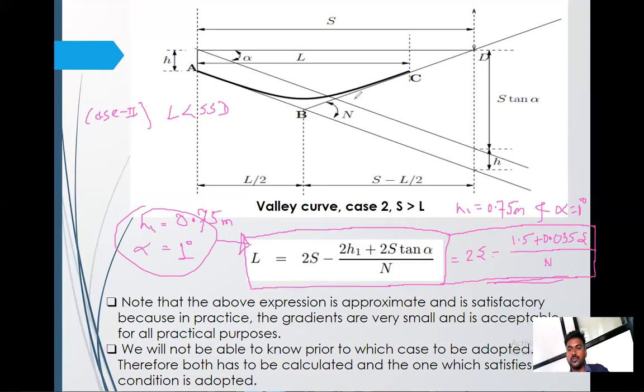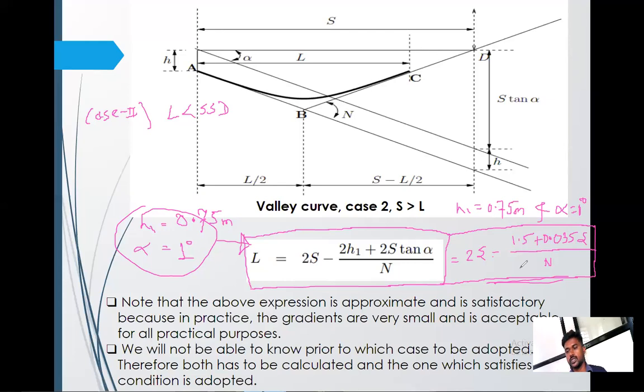Write down this formula for case 2, L is less than SSD.